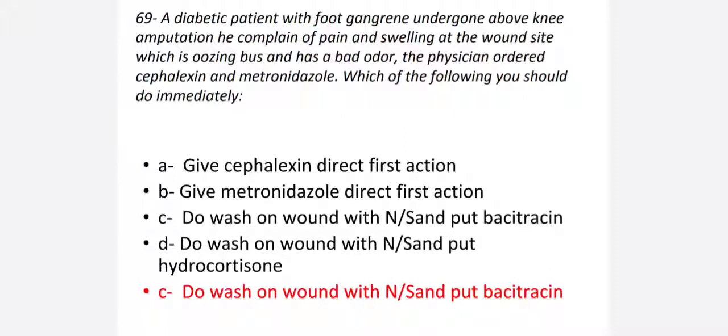Option A, give cephalexin as the first action. Option B, give metronidazole as the first action. Option C, wash the wound with normal saline and put bacitracin. Option D, wash the wound with normal saline and put hydrocortisone. Option C is the correct answer.